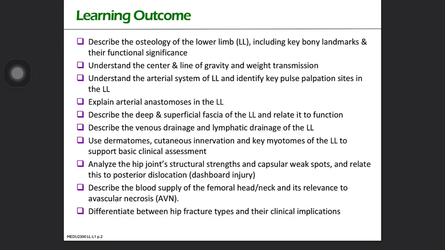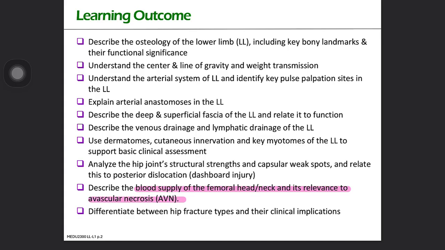Let me highlight a few things to draw your attention. Since you are quite sleepy, I guess, because you all should be hypoglycemic now after lunch. Take a look at the blood supply of the femoral head and neck and its relevance to avascular necrosis. Why do I highlight this? Because this is actually a very severe clinical case that we deal with on a daily basis.